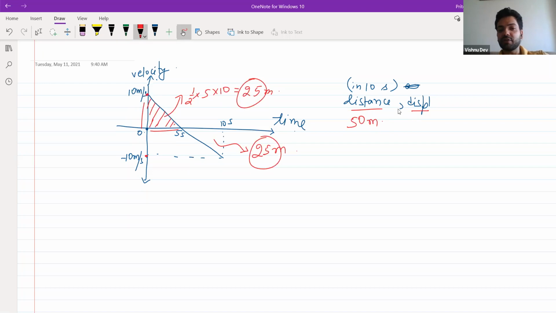And yes, displacement will be 0 because from 5 seconds to 10 seconds, as you can see, the velocity is negative. What is this indicating? That the object is following the return journey, right? If it is initially starting with 10 meter per second, and finally it is having minus 10 meter per second, that means it has reached the same position again.